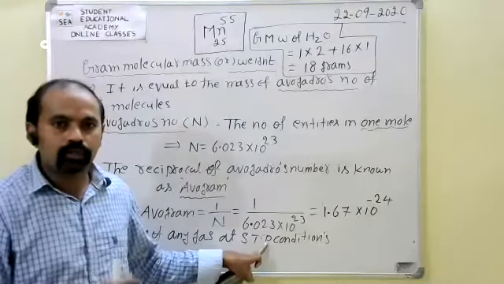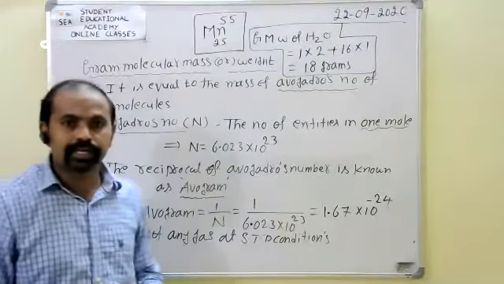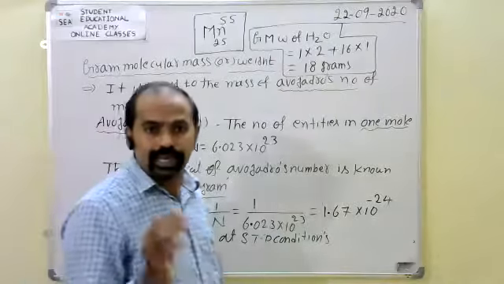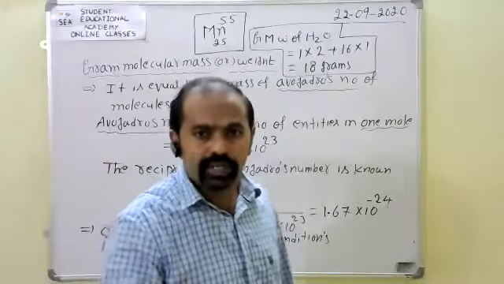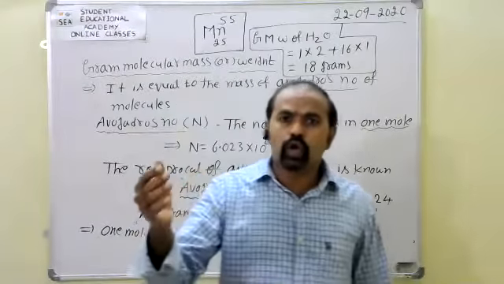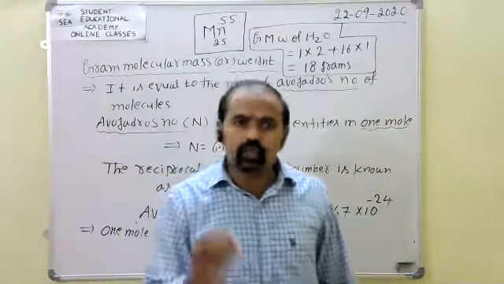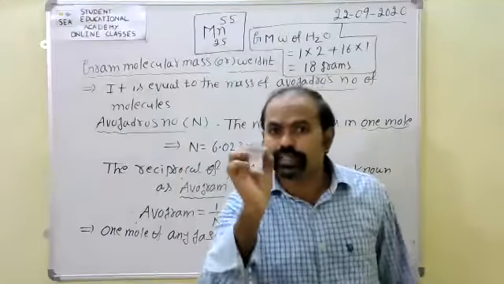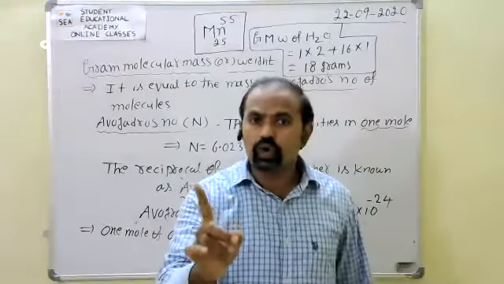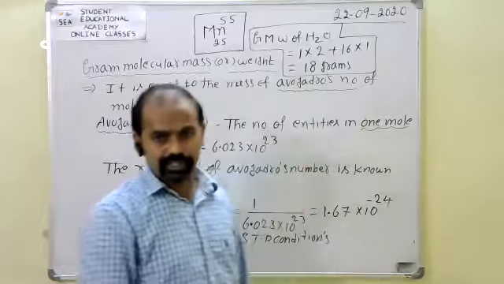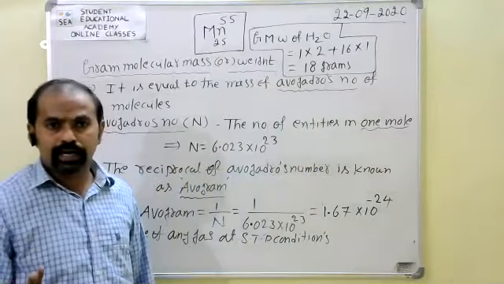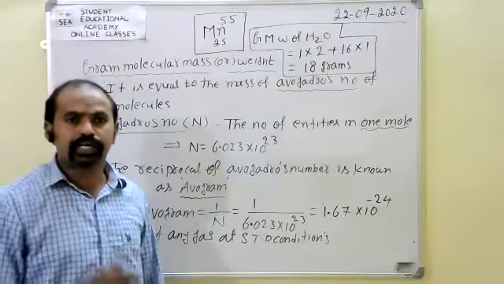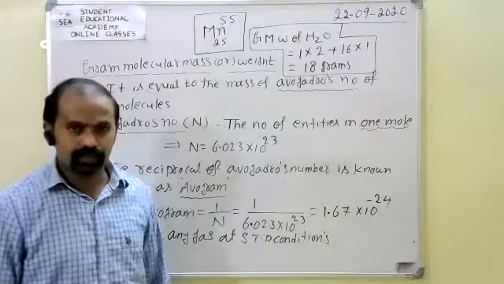Standard temperature is 0 degrees Celsius or 273 kelvins. It is 273.13 kelvins, but approximately we can take 273 kelvins. That is called standard temperature. At the same time, 1 atmosphere pressure is called standard pressure.